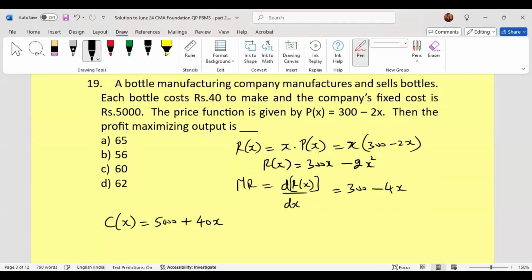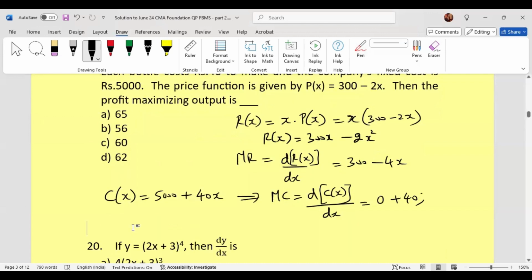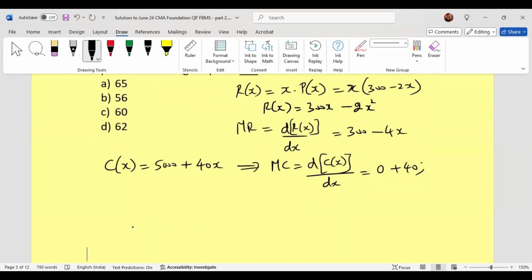So 40 times x will be your variable cost. So this is your total cost, which means marginal cost, d of c of x by dx, will be 0 plus 40.